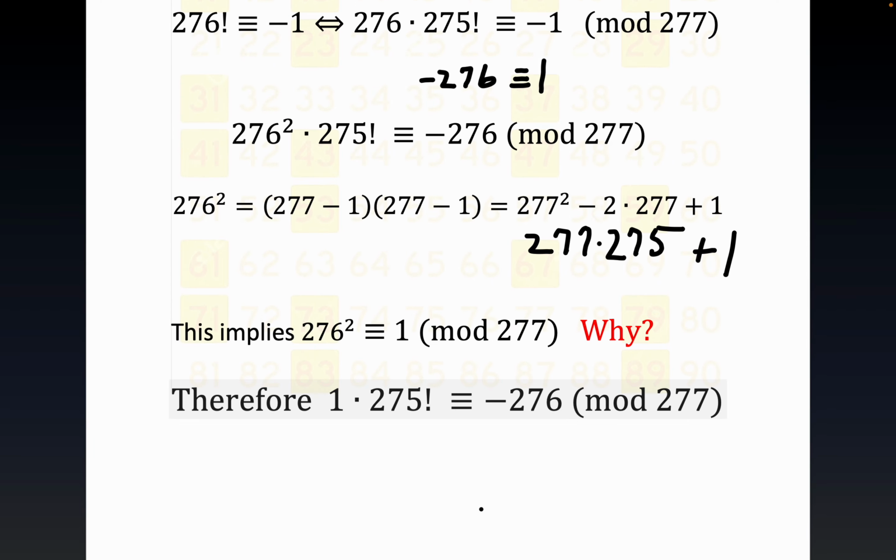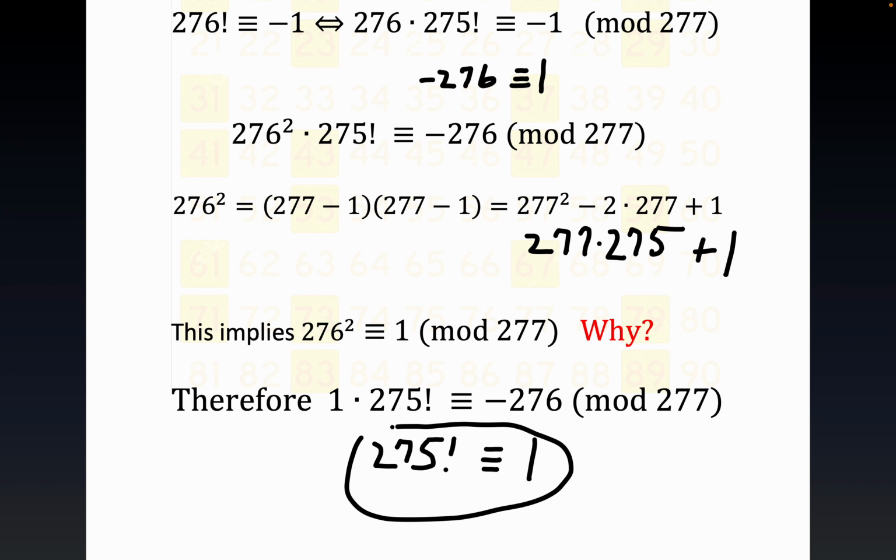In other words, this tells us that 275 factorial is congruent to 1, and of course, we are talking about mod 277. So that completes the proof.